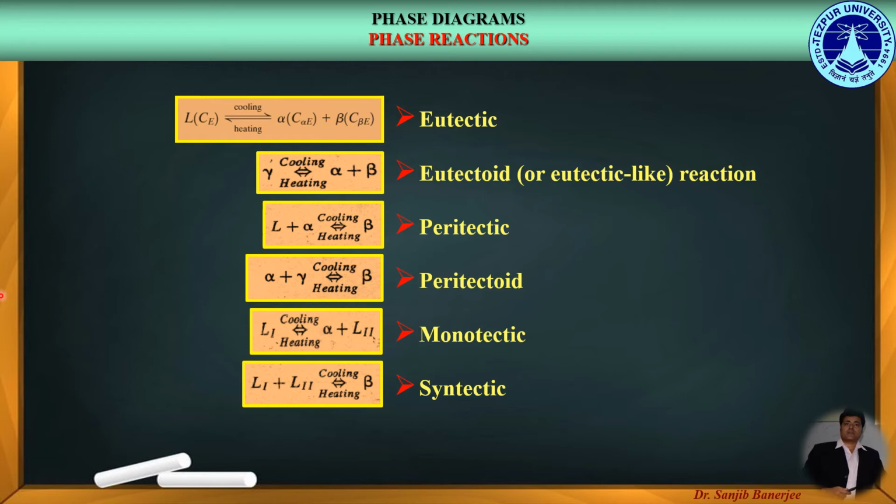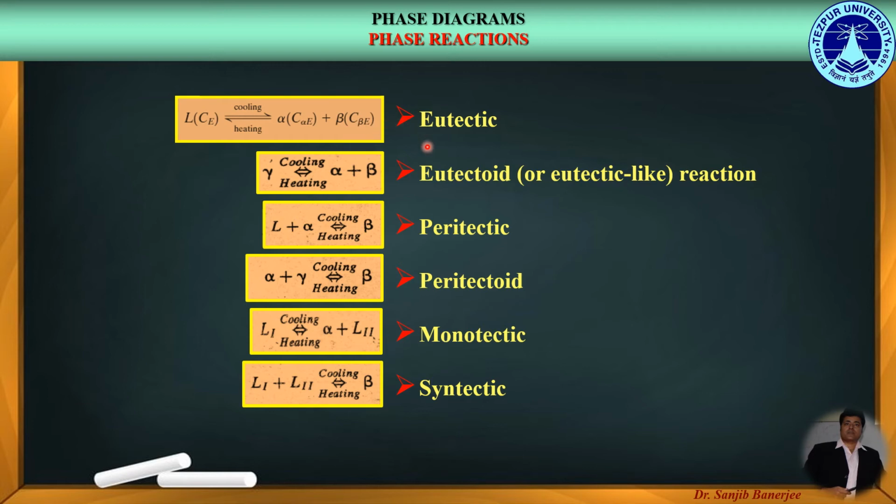In the previous section, we have studied about the eutectic reaction. Now, let us learn about the different other phase reactions. In the eutectic reaction, one liquid phase, that is L, on cooling is converted into two solid phases of alpha and beta, which we have already studied in the previous section.